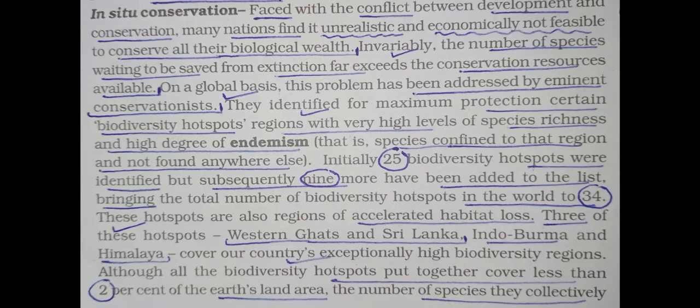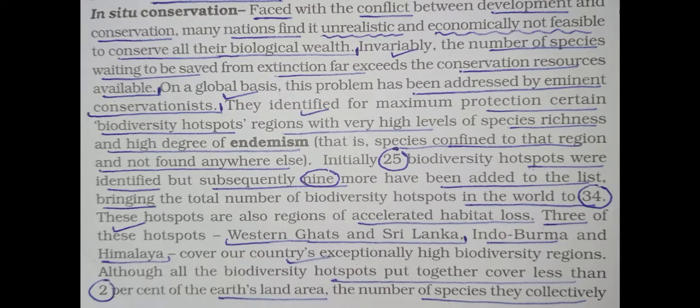See, in situ conservation: faced with the conflict between development and conservation, many nations find it unrealistic and economically not feasible to conserve all their biological wealth. Next one, invariably the number of species waiting to be saved from extinction far exceeds the conservation resources available.